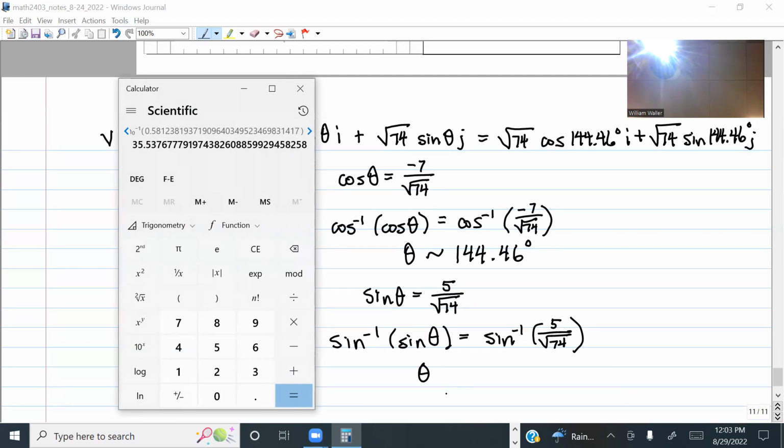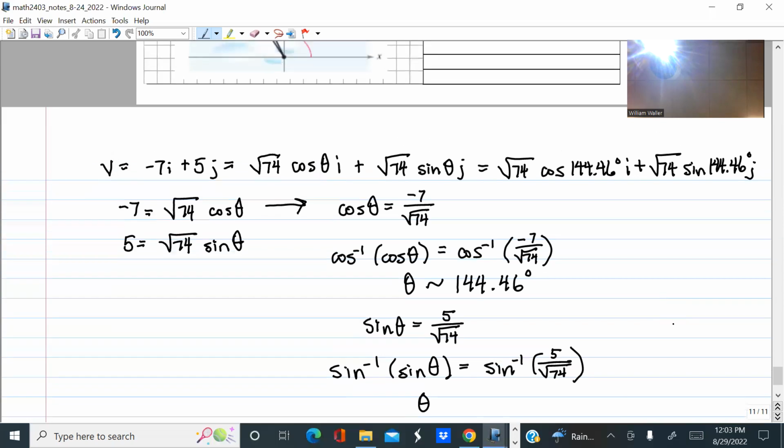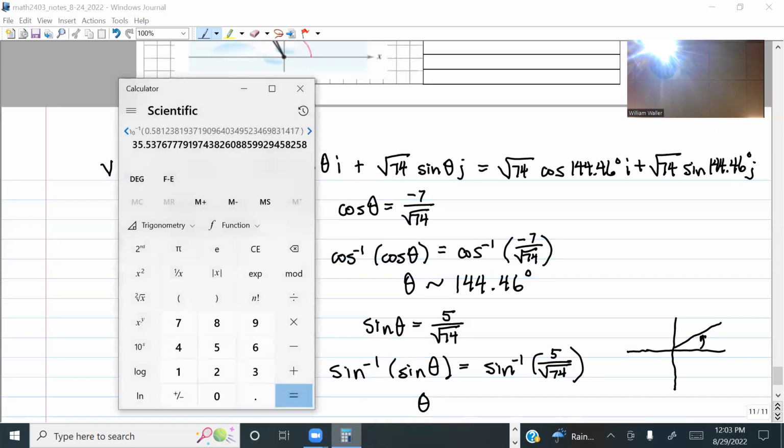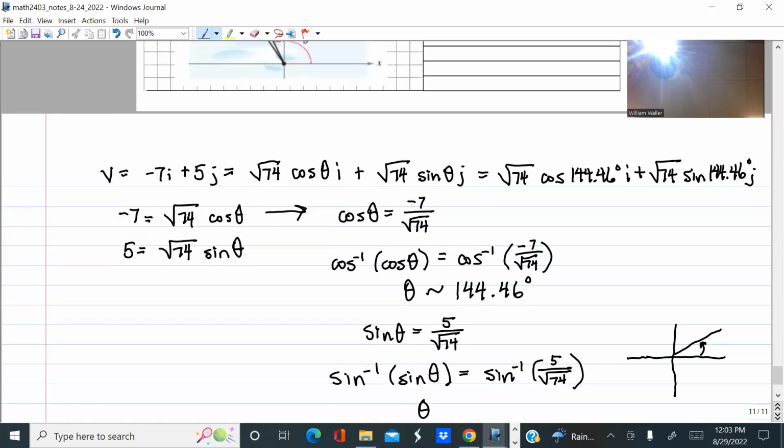So it gave us an answer in the first quadrant, even though the answer we really want is not in the first quadrant. So you have to figure out what the correct angle is, right? Because you want an angle in the second quadrant, but this gives you an angle over here in the first quadrant. What was it? I already forgot. 35 point something. Yeah, 35.54.